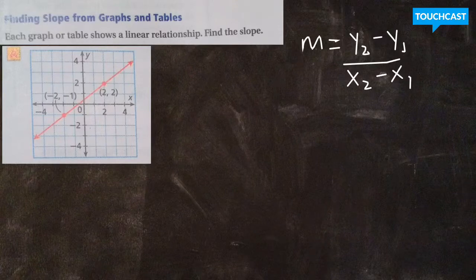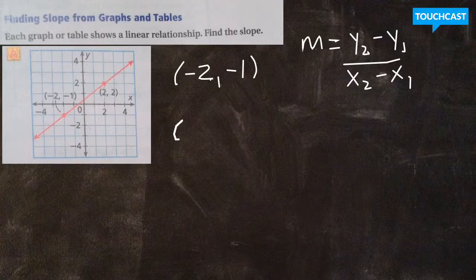The change in the y's over the change in the x's. So let's just write out our 2 points. We have -2, -1, and we have 2, 2.